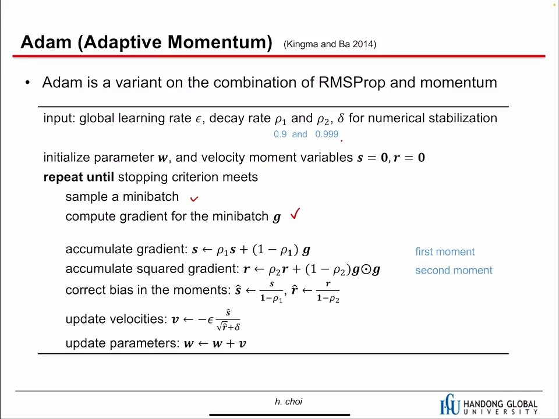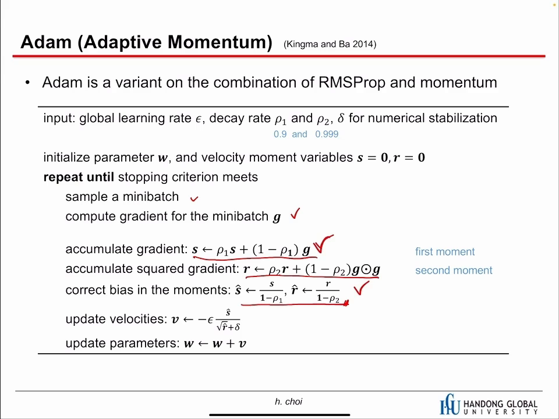In this case, it's not the Nesterov accelerated gradient, it's a simple gradient. Then we accumulate the gradient and accumulate the squared gradient. This one is the same as RMSProp, but this one is slightly different. And then we correct the bias in the moments.